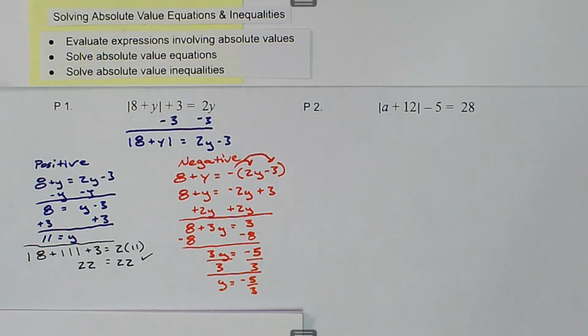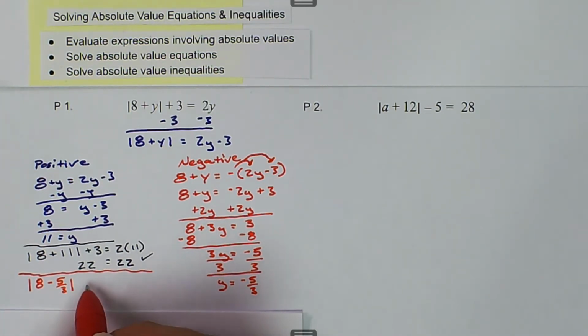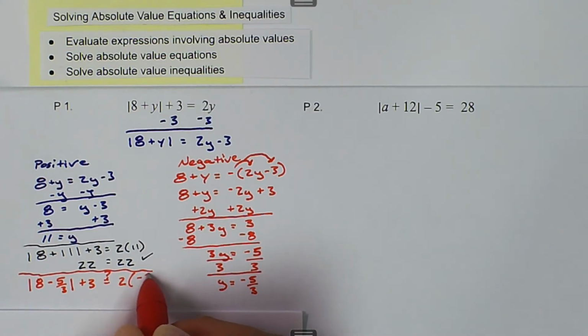So now we have to check to see if that's a possible solution. We know that 11 is, and we can check to see if negative 5/3 is. So we're going to just substitute it back in. So we get the absolute value of 8 minus 5/3 plus 3, and we're checking to see if that's correct, equal to 2 times negative 5/3.